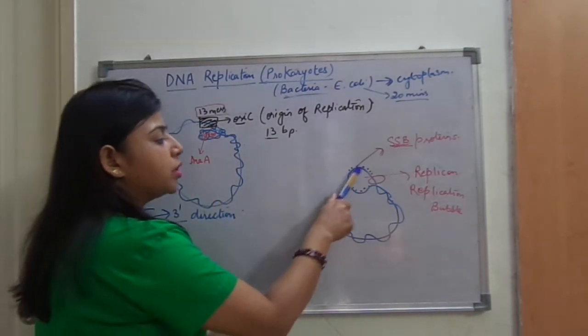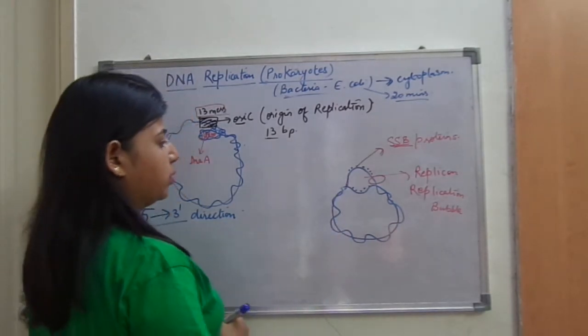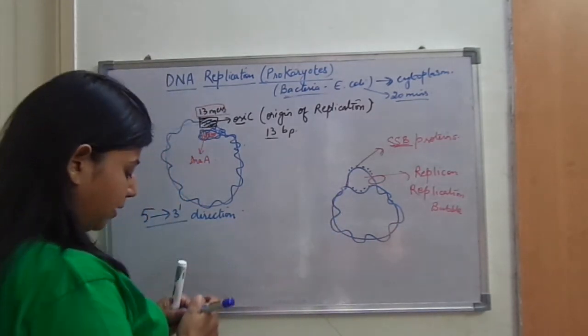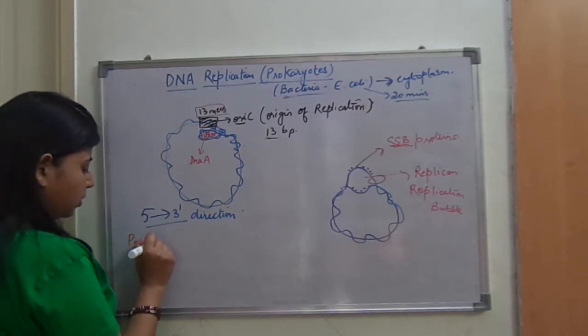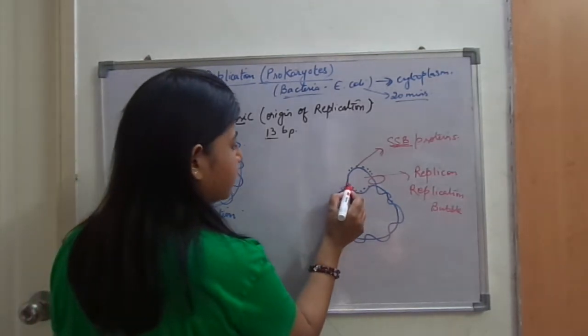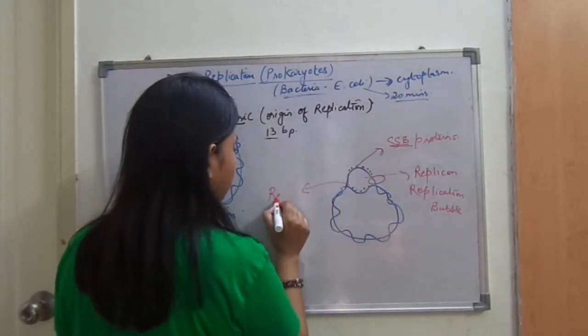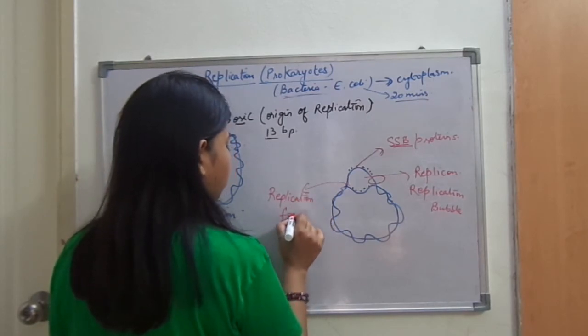So when this one unit, one replicon, one replication unit is opened up, then another enzyme which is known as primase is loaded at this end. This end is known as the replication fork because it resembles a fork.